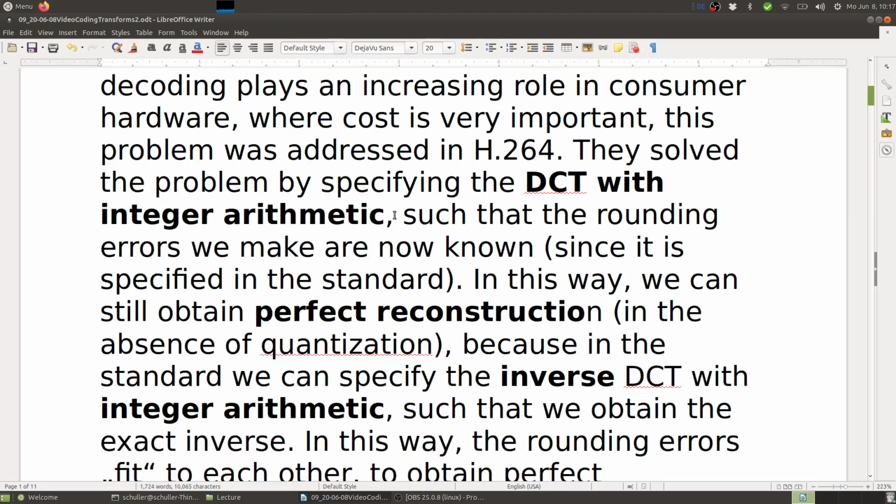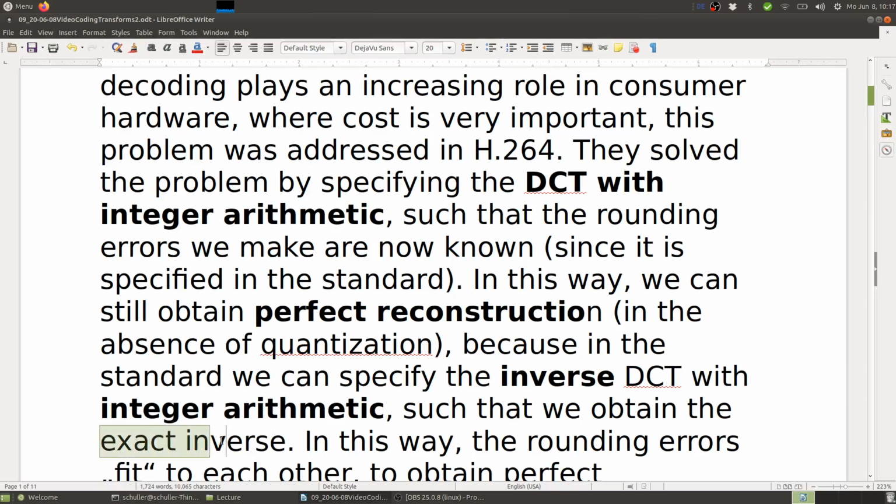Yeah, so in this way, the rounding errors that we make are known since it is specified in the standard. And in this way, we can still obtain perfect reconstruction in the absence of quantization, because in the standard we can specify the inverse DCT also with integer arithmetic, such that we obtain the exact inverse, right?